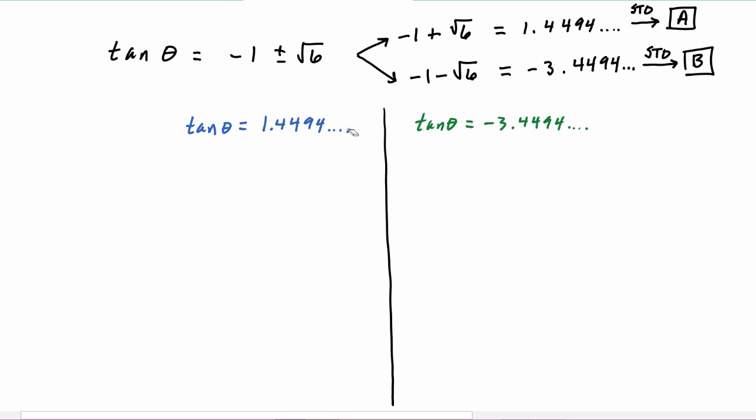Now here, we know if tangent of theta is positive, we can draw that picture. We know that means that theta has to be in quadrant 1 or quadrant 3.